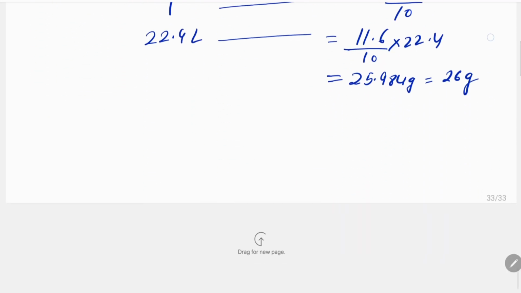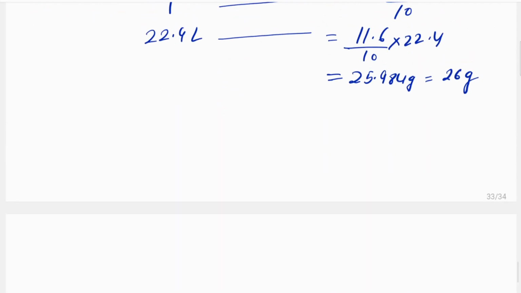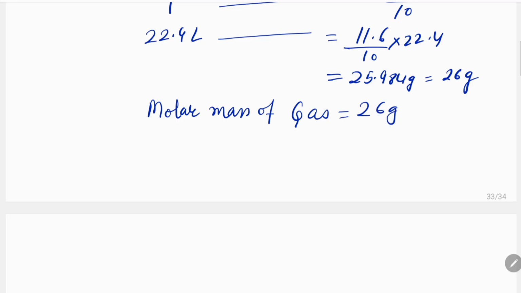So what is 26 gram? 26 gram becomes the molar mass of the gas. Molar mass of the gas is 26 gram. Now the third question, in which we have to calculate the molecular formula.